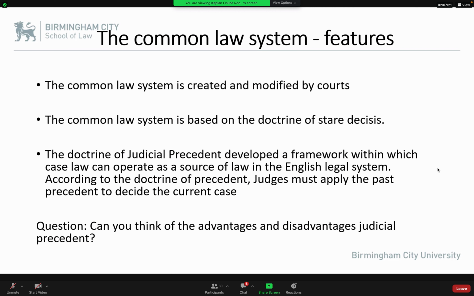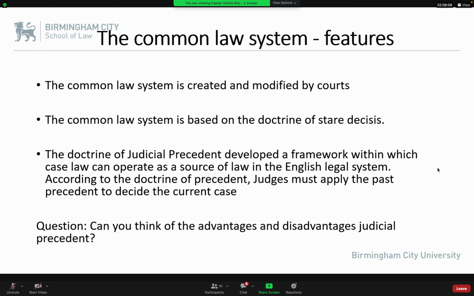It is important because when we speak of judicial precedent, it became one of the strengths of the system. Today, whenever somebody says that we follow the common law system, it simply means that the key feature of the system is precedent.